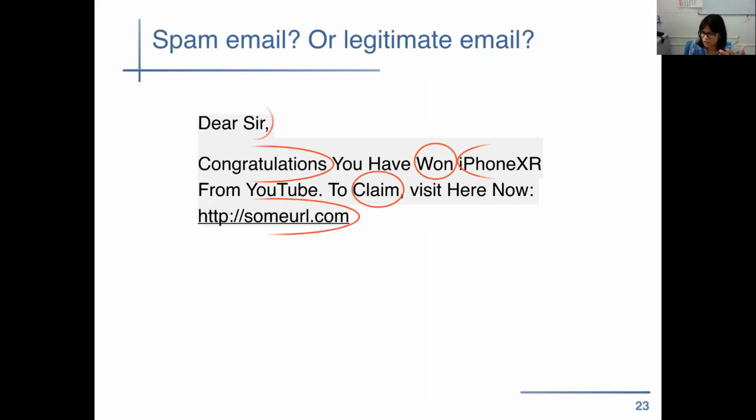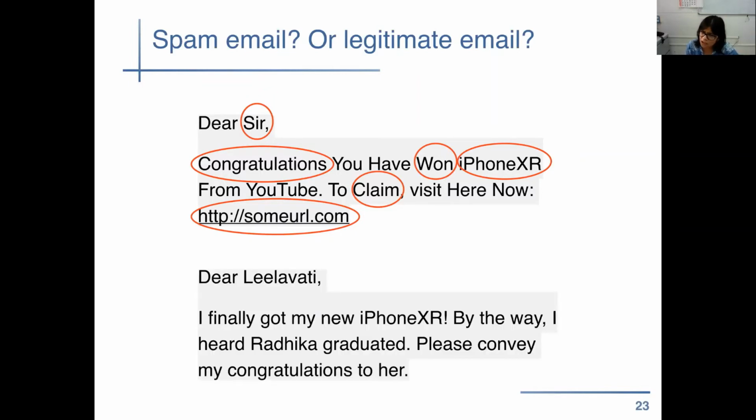It's figuring out that there are some words in your email, right? So it's saying, "dear sir." To me, "sir" is a red flag, because anybody who knows me would not address me like that. And then there's some URL in your email, and some iPhone claim, and these words are probably red flags. On the other hand, legitimate mail might also have some of these words.